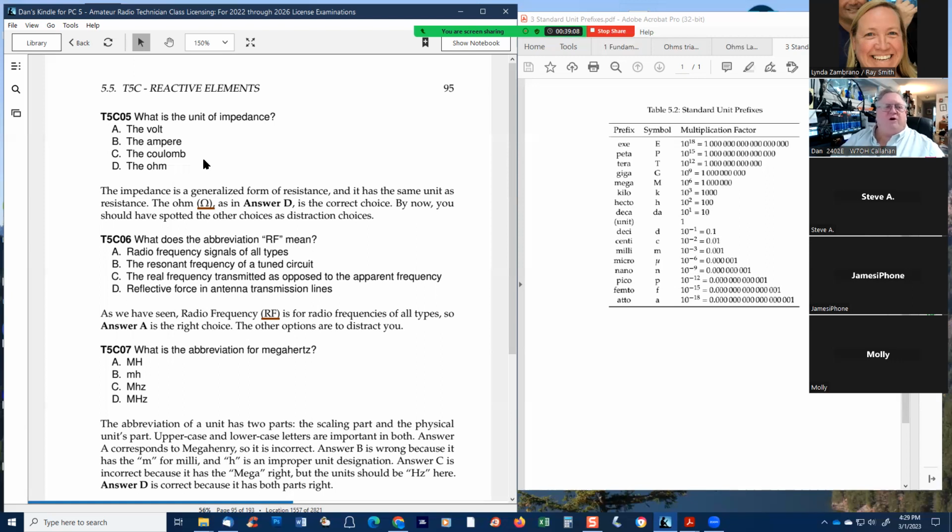What's the abbreviation for RF? RF just stands for radio frequency, and we'll talk about radio frequency energy and what gets emitted. A microwave uses radio frequency energy to cook our food. So they're looking for the answer, radio frequency signals of all types. It's around us all the time.